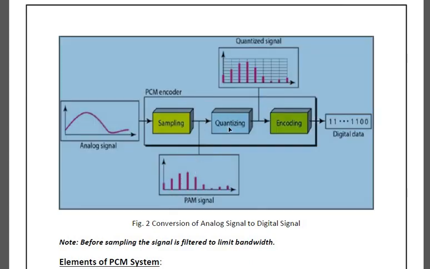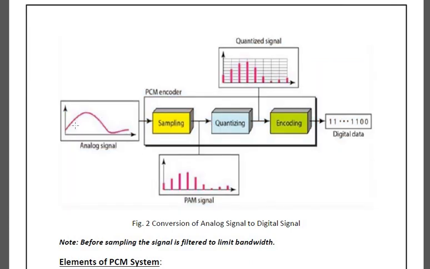Now this is fed to the quantizer. What will the quantizer do? This sampled signal is fed to the quantizer and it approximates each signal level to a prefixed value. Now we have just converted the message signal into pulses. These pulses have to be given a proper prefixed value, and that prefixed value is assigned by using your quantizer.